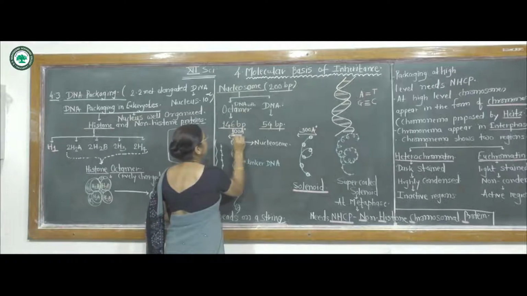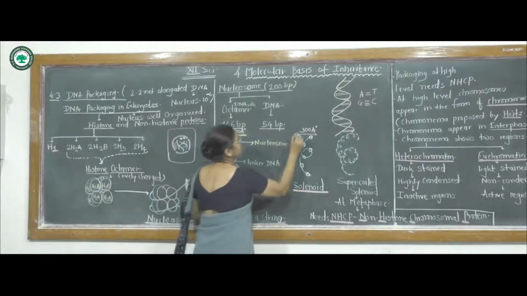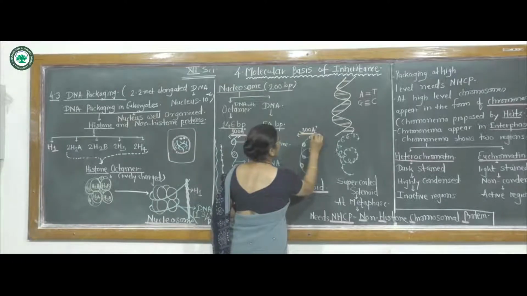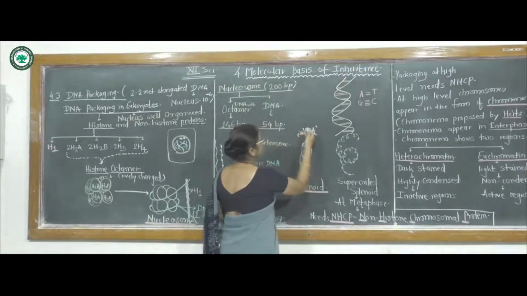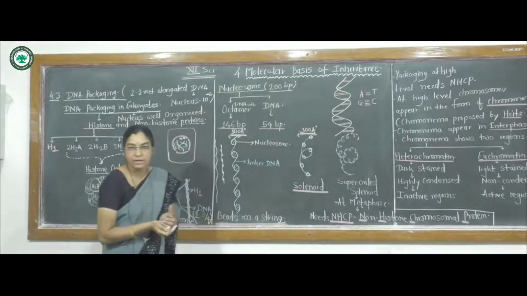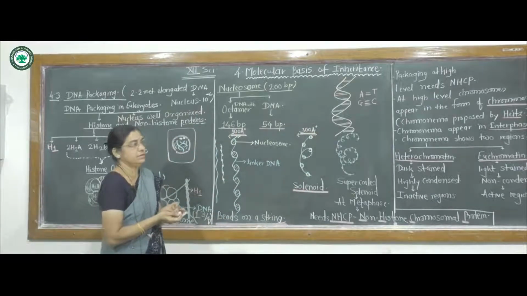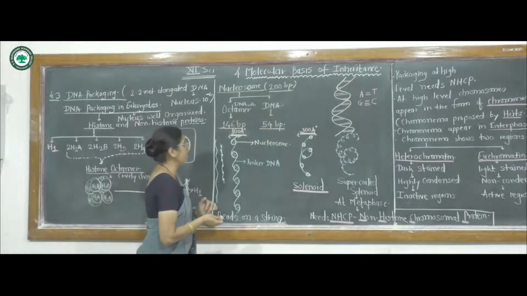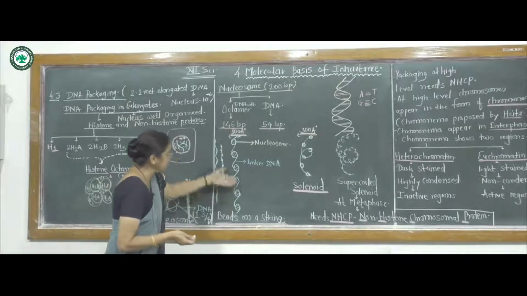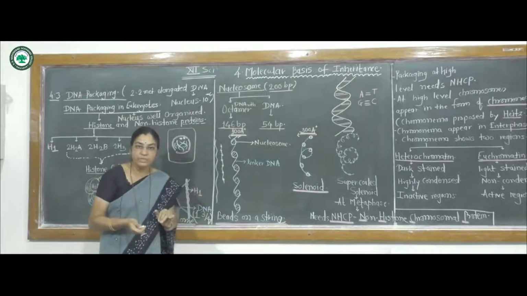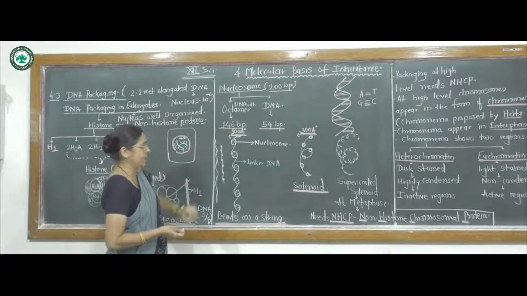The important point here, again a question may be asked in a multiple choice question, is that the diameter of the solenoid is 300 angstrom units, that means 30 nm, while the beads on a string is 100 angstrom units, that means 10 nm.